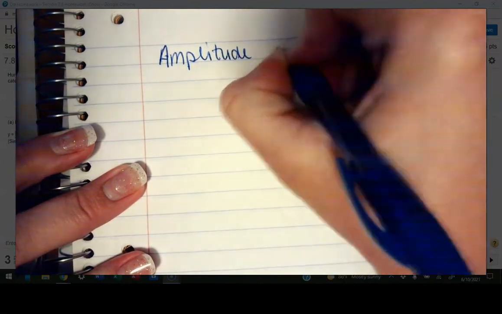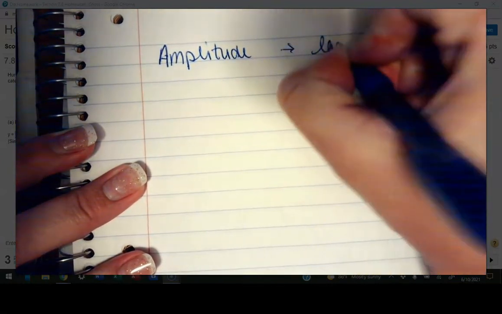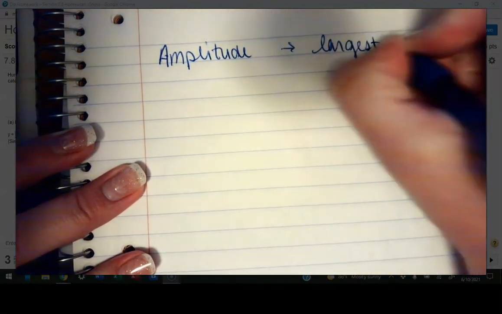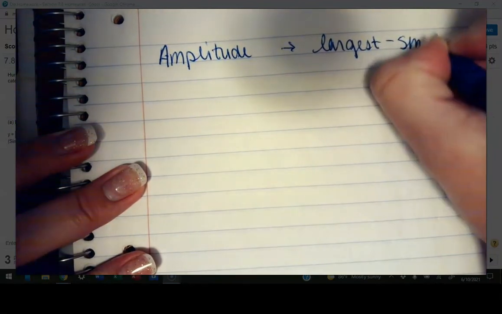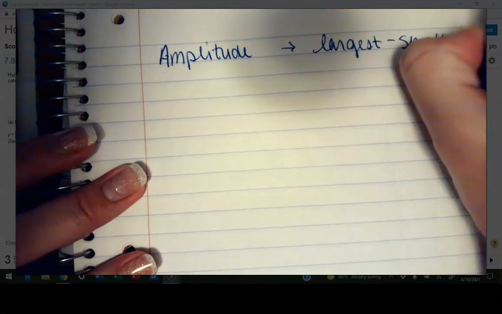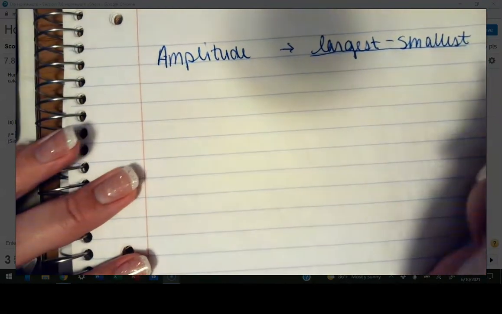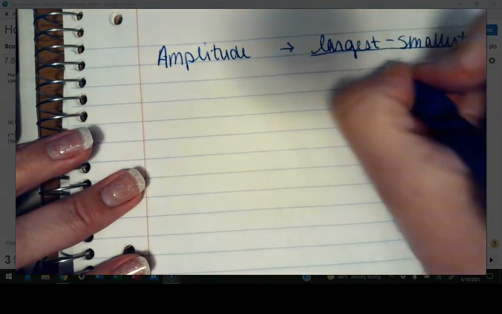So my amplitude, hang on, I want a better pen. My amplitude is going to be the largest data point minus the smallest data point. But that tells me the height from the trough to the peak, so I only want half of that.